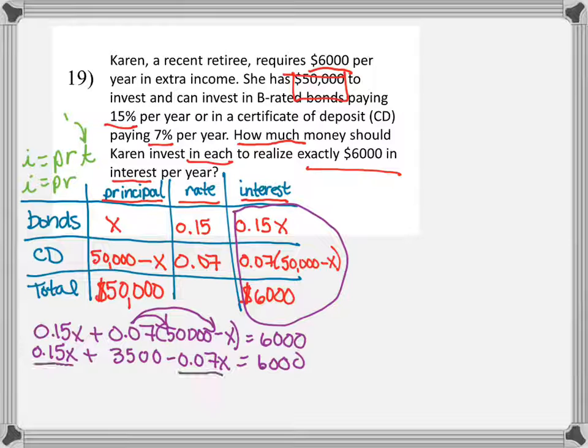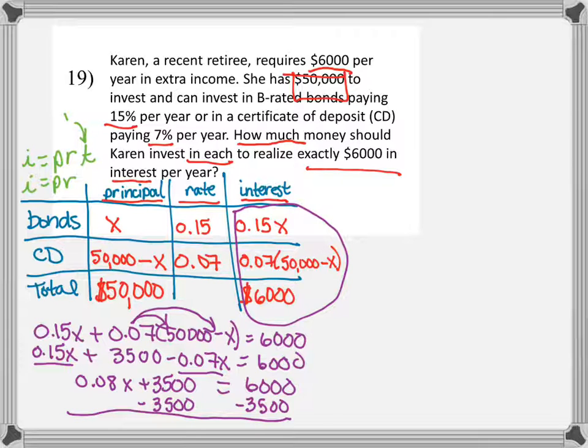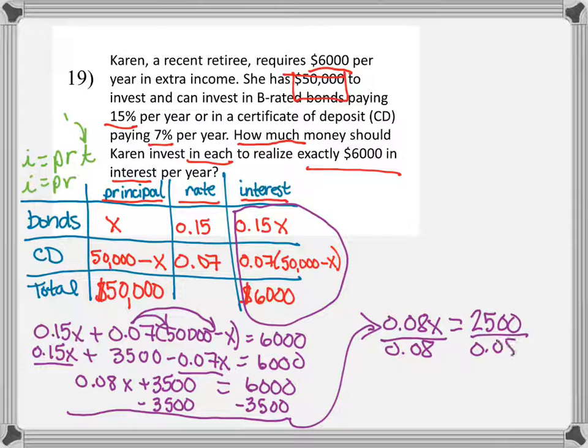Let's combine our like terms on the left-hand side. 0.08x plus 3,500 equals 6,000. Subtract 3,500 from both sides, and we get 0.08x equals 2,500. Divide both sides by 0.08. x equals $31,250.